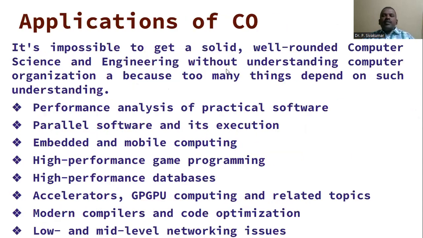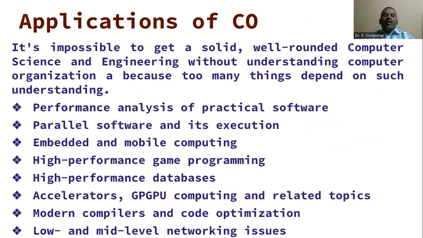What are the various applications of computer organization, where are we going to use the knowledge of computer organization? Once the knowledge is obtained from the computer organization subject, it can be used to measure the performance analysis of practical software, also parallel software and its execution.